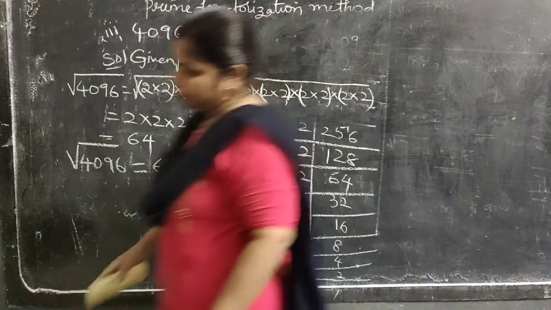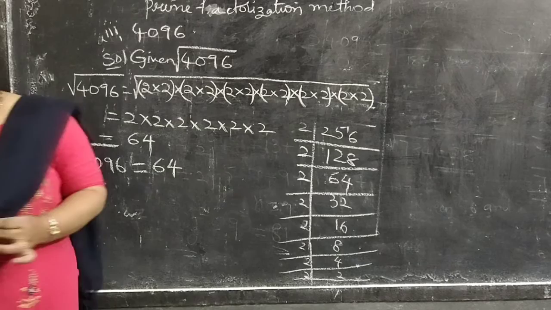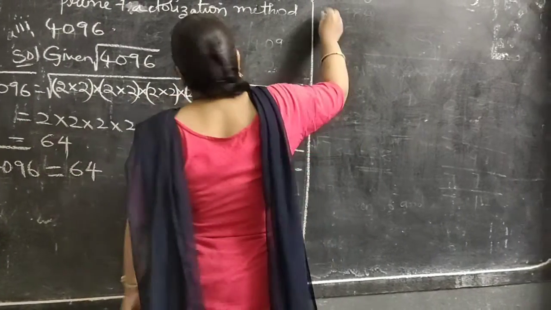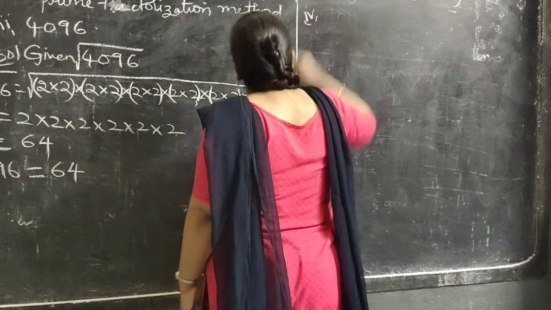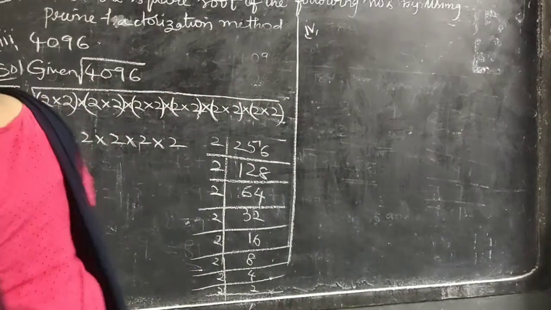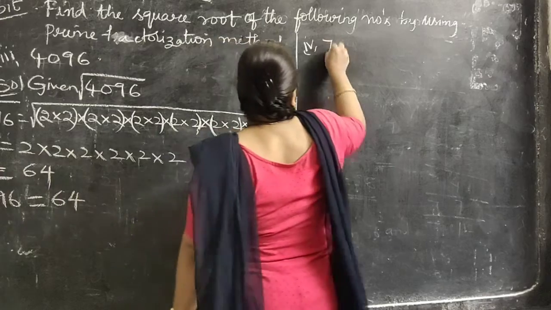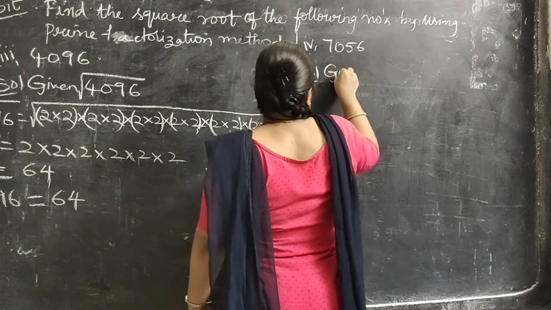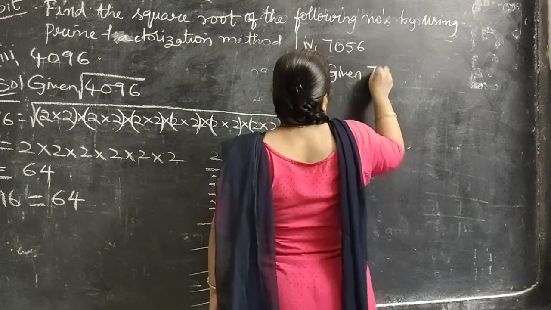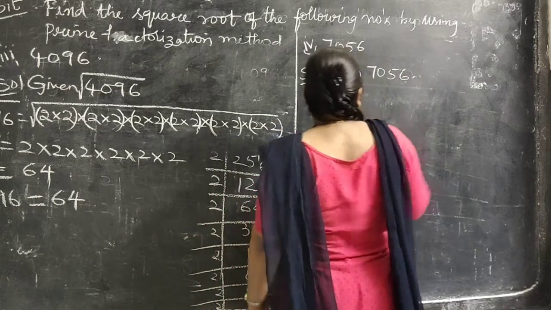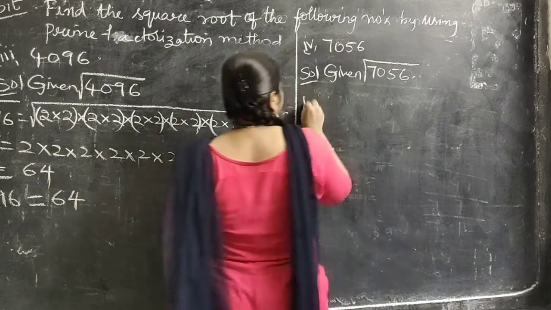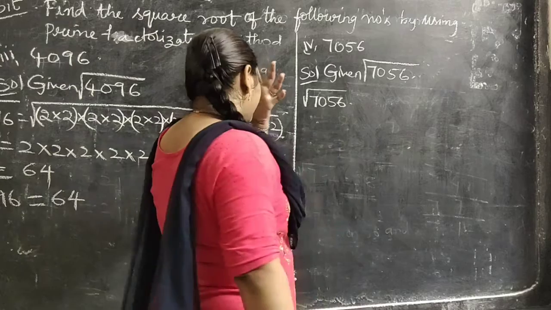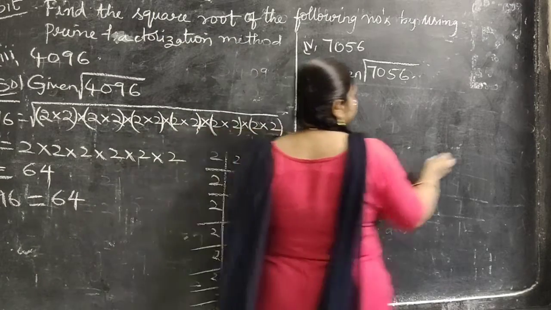So next one. That is 7056. So find the square root of 7056 now.